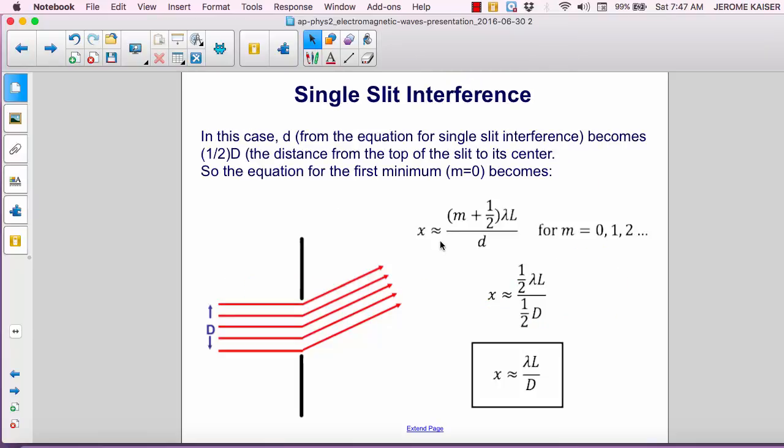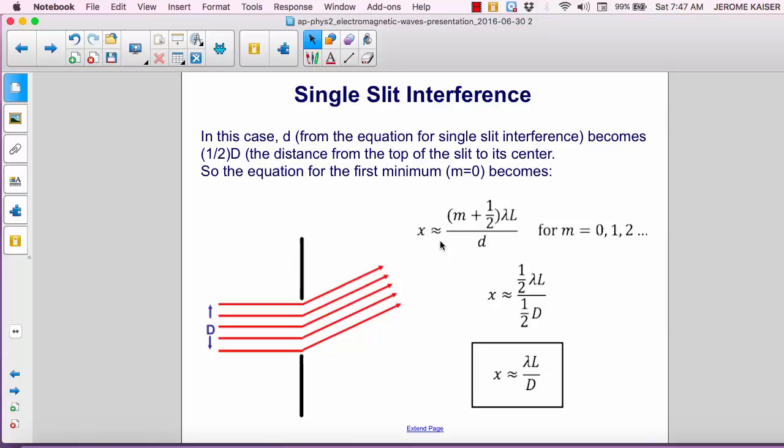For single slit interference, we can get the distance from the central maximum to the first minimum by using the same equation that we did for the double slit experiment. But in this case, we're going to substitute 1/2 of big D, capital D, which is the size or the diameter of the aperture, or the distance from the top of the slit to its center.